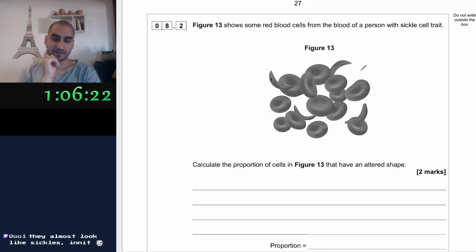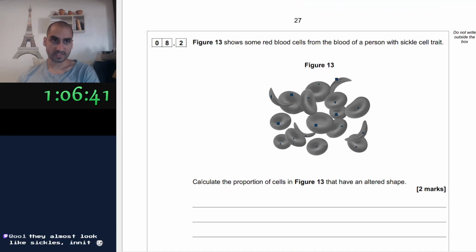Oh yeah, I forgot about that. I forgot that's the reason why it's called sickle cell. 1, 2, 3, 4, 5, 6, 7, 8, 9, 10, 11, 12, 13, 14, 15, 16, 17. So we've got 17 altogether.